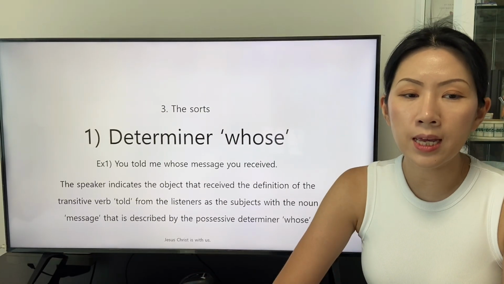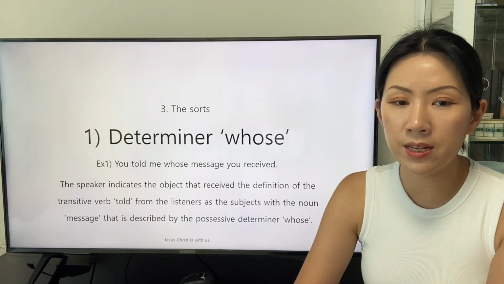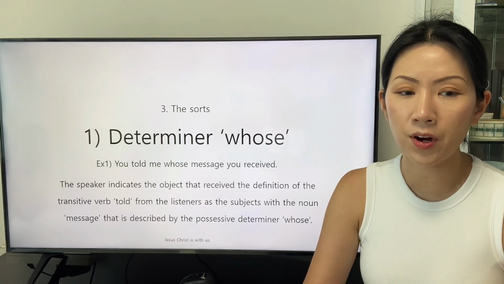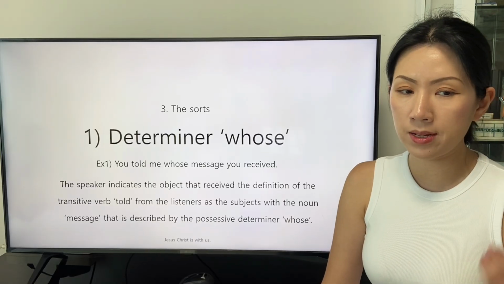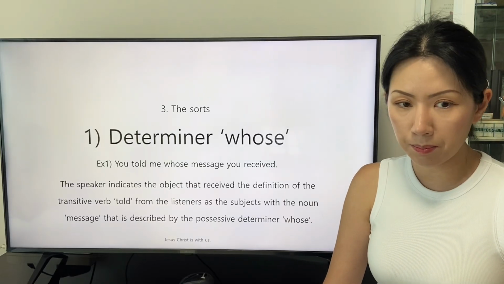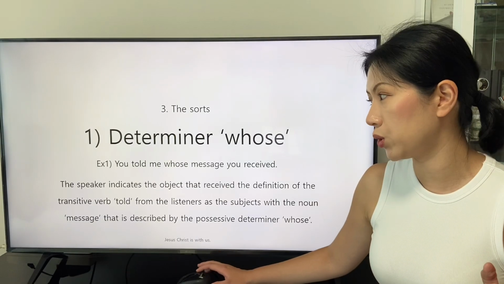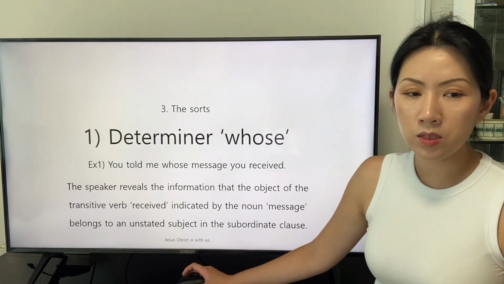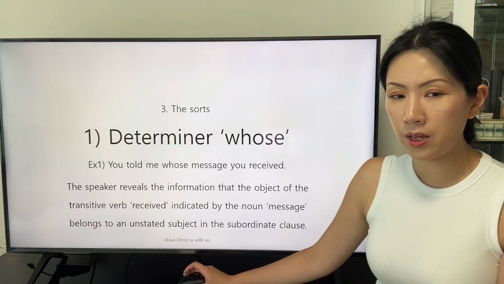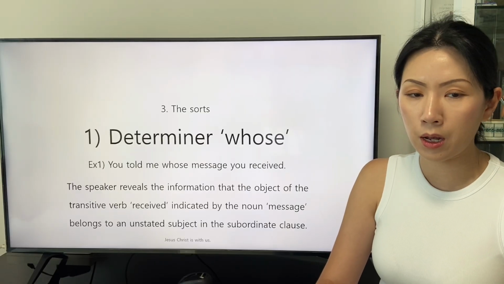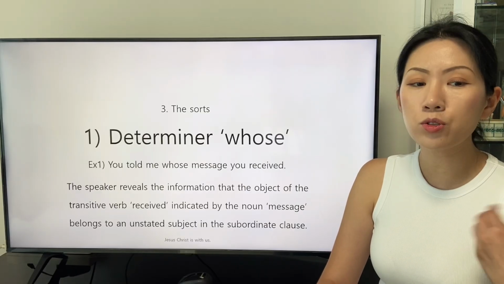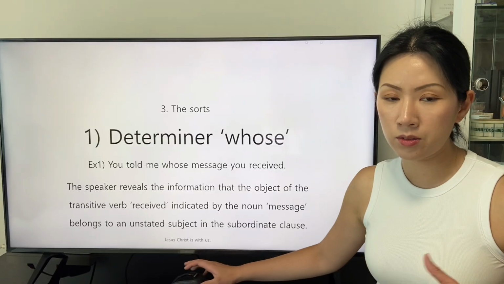The speaker indicates the object that received the definition of the transitive verb told from the listeners as the subject, with the noun message that is described by the possessive determiner whose. The speaker reveals that the object of the transitive verb received, indicated by the noun message, belongs to an unstated subject in the subordinate clause.